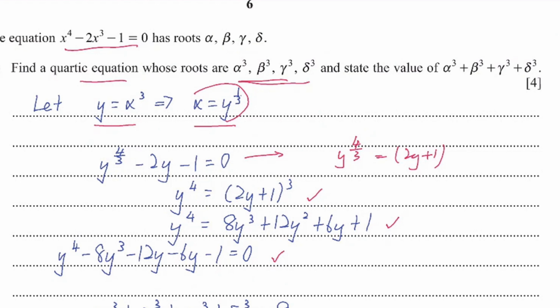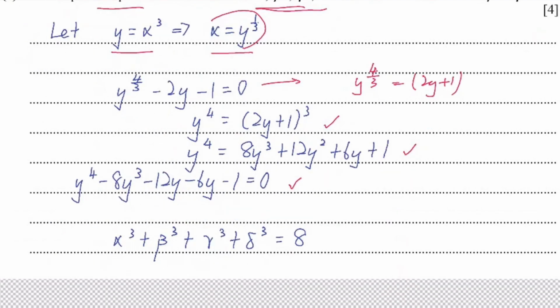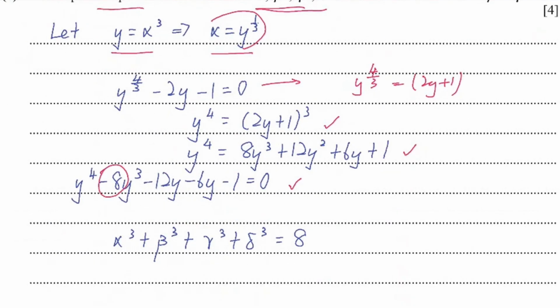The next one is to state the value of alpha cubed plus beta cubed plus gamma cubed plus delta cubed. This is the sum of the cubes. Basically, when they say state the value, it should be something very easy for us to work with. In this equation, the roots are already in cubes.